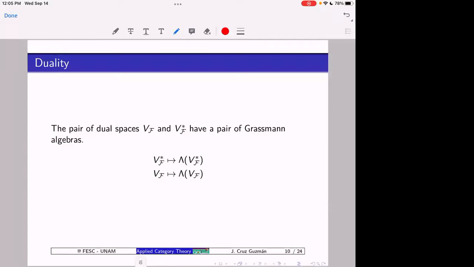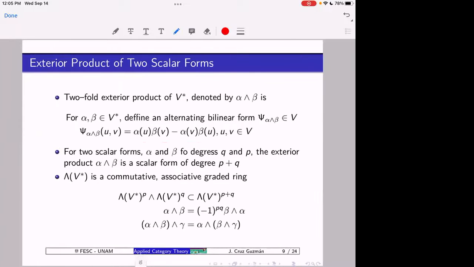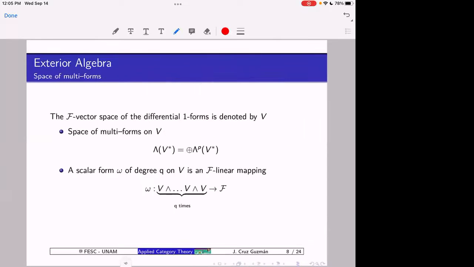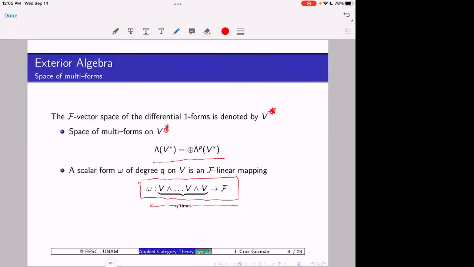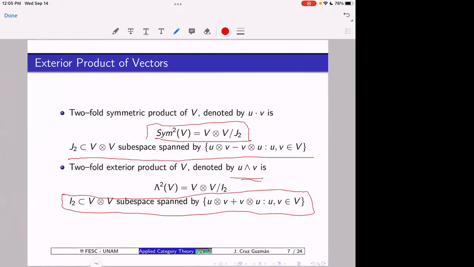But there is a problem. If I go back here, first to the definition, here we have a symmetric and anti-symmetric product, but this is the exterior product of vectors that gives us multivectors.